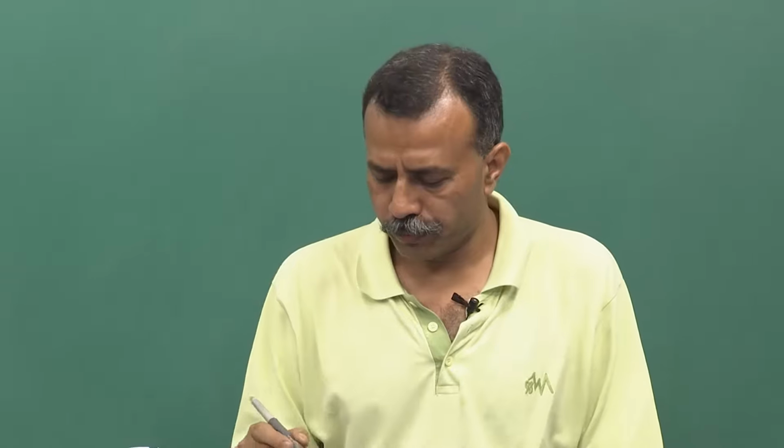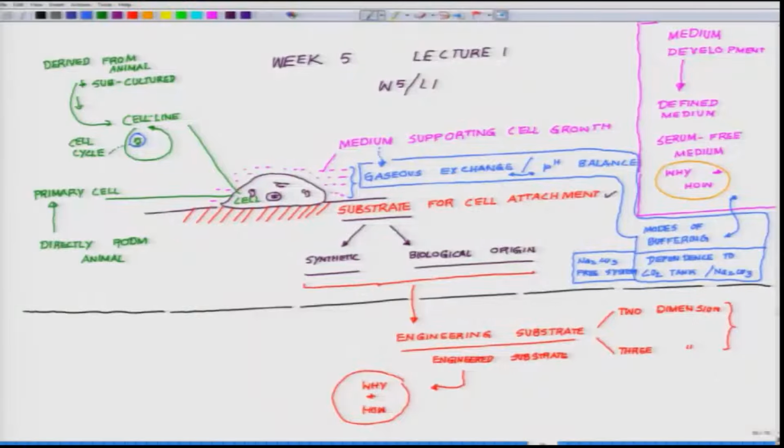So, this is again very neatly, if we have to say why and how. So, I just put a word here: lab on a chip, LOC. That is where most of these modern techniques are going.